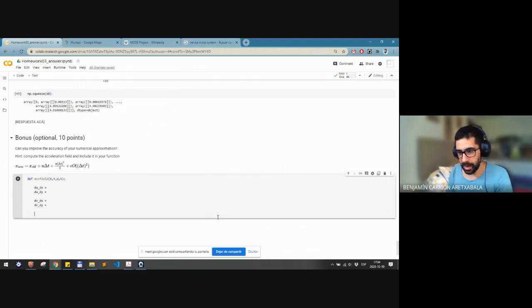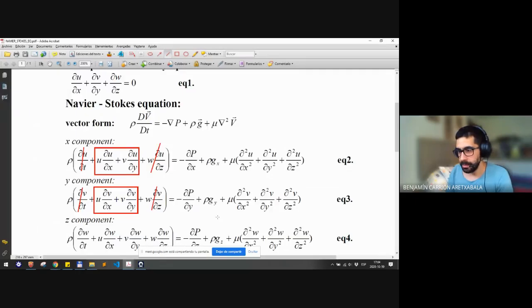And then we're going to say, okay, the acceleration on x is going to be u, whatever u we have, times du over dx plus v times du over dy, right? This bit.